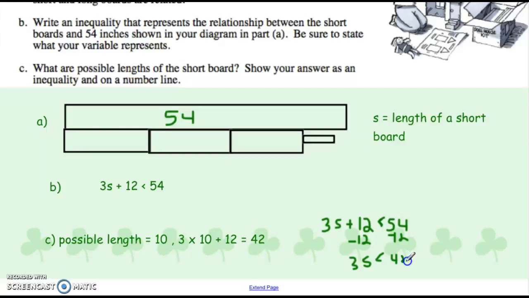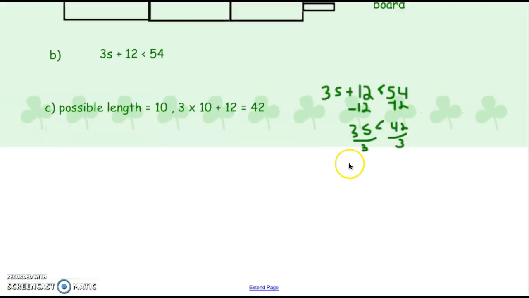And then to get rid of 3 times S, I would divide by 3, not by S. And then I would be left with S is less than 42 divided by 3. 42 divided by 3 is 14. So S is less than 14, and then you would draw that on a number line.